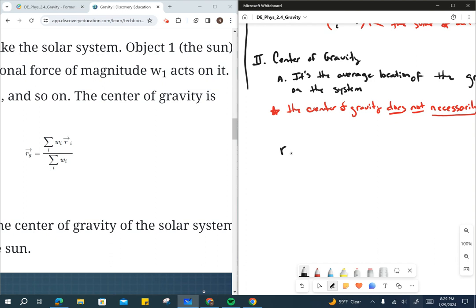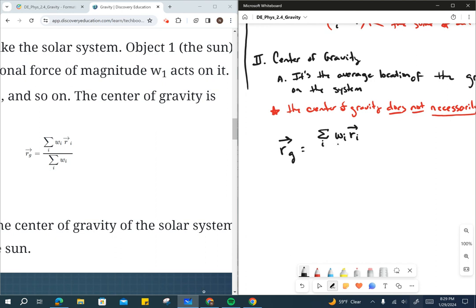The center of gravity, which is a vector quantity, that's how we're going to draw a vector sign, is equal to the sum over i of the product of the weight w_i, remember, weight is going to be your mass times the force of gravity, times the location r_i, which is a vector quantity.